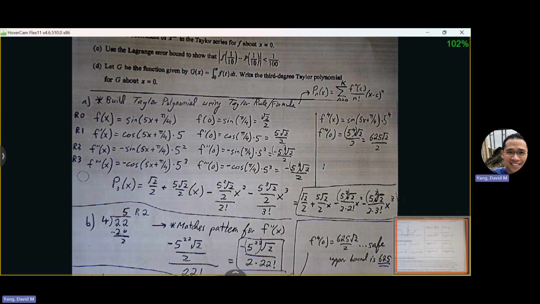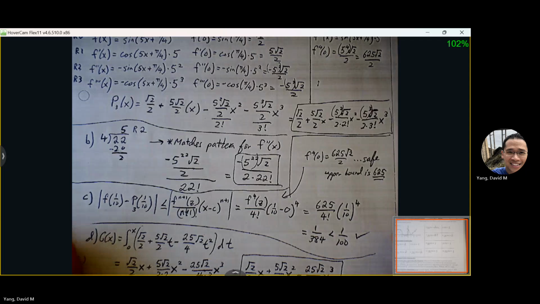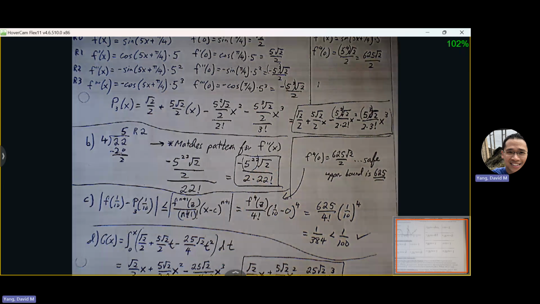So our formula is going to have a negative 5 to the 22nd, root 2 over 2, all over 22 factorial, because that's my n factorial. So that's the coefficient: negative 5 to the 22nd, root 2 over 2, all divided by 22 factorial.